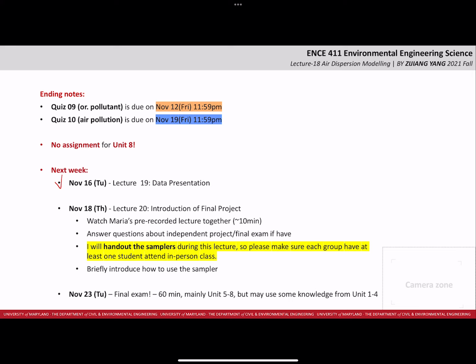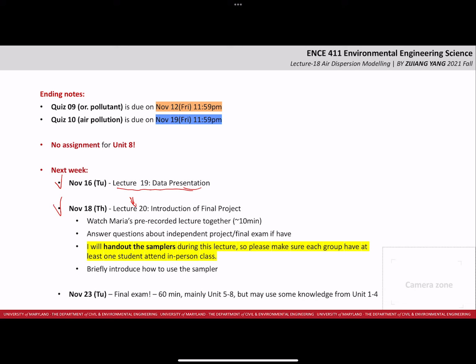Finally, I want to emphasize a few things. Next Tuesday, we will have the second-to-last lecture, which is about data presentation. I would like to share some of my experience when presenting data, because we will have the presentation in the independent study.